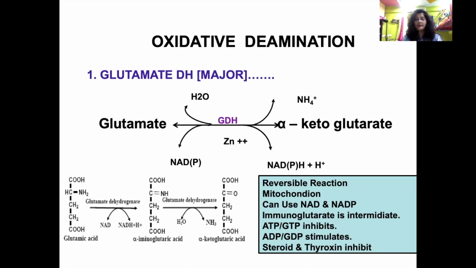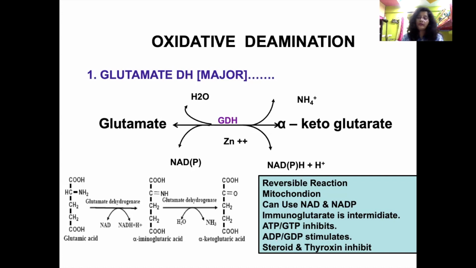After a protein-rich diet, our blood is full of glutamate. Why? Because of this availability, glutamate will inhibit this glutamate dehydrogenase. Even if the cell energy levels are high, like if there is a larger amount of ATP or GTP, it will also inhibit this enzyme, glutamate dehydrogenase.